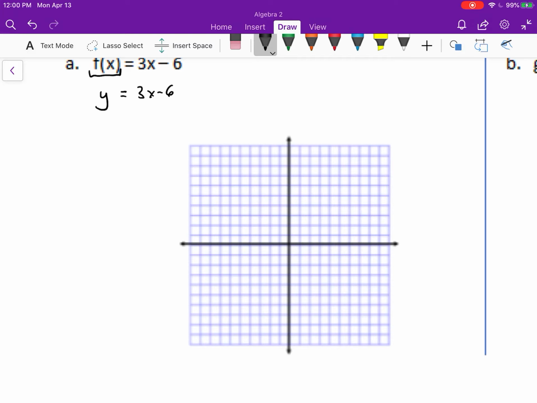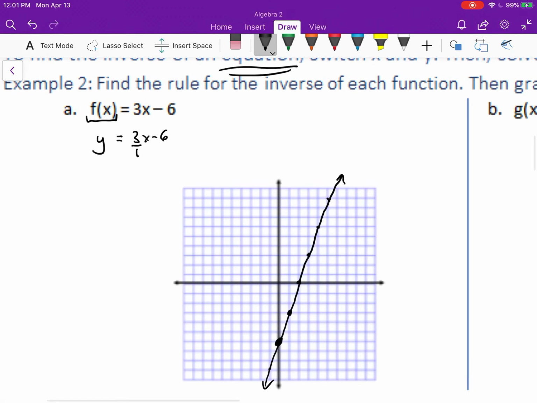We know this is a line that passes through -6 on the y-axis, and it has a slope of 3, which we like to think of as 3 over 1. So slope up 3 over 1. We'll put several points on here. I'm not always the best at drawing lines on here, but I'll do my best. So there is that line.